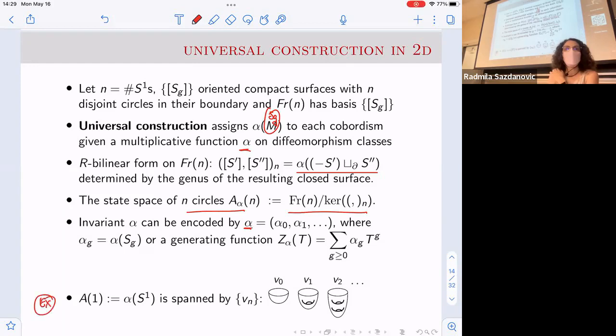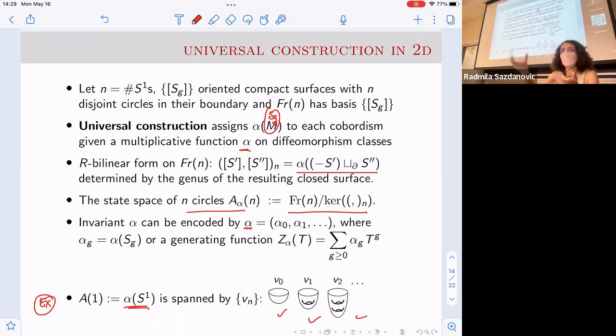Okay, so here's my example. Let's do things for just one circle, right? So F(1) is spanned by all of the things that look like this: you have one circle in the boundary and you have some genus. Now let's describe the bilinear form. What am I going to do?